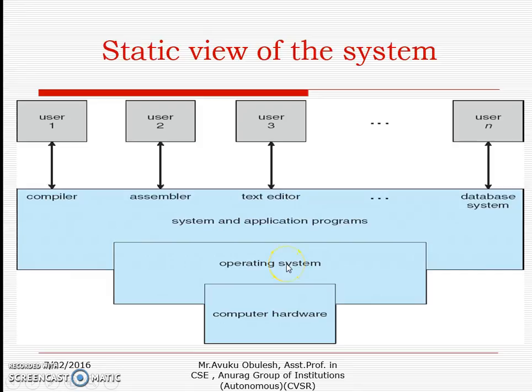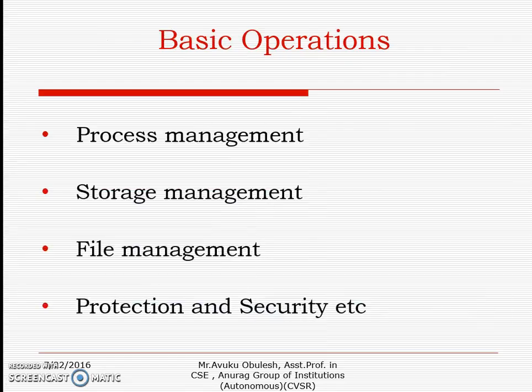That request is processed by using computer hardware and the result will be forwarded to the user through all these layers. That means the request comes through operating system and is processed by hardware. The result will again be forwarded to the user through OS and application programs. This is what operating system modes are.